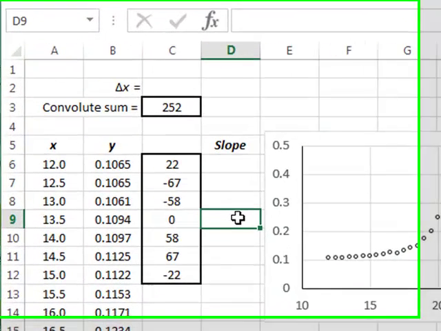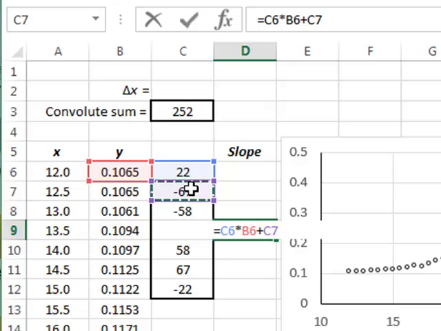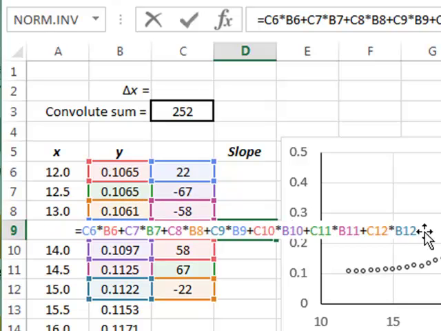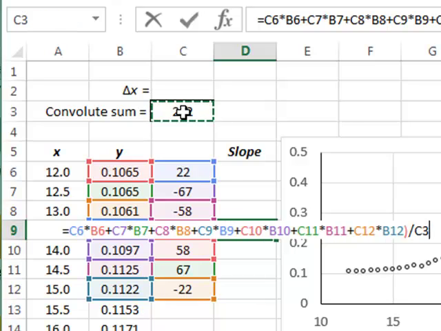The calculation procedure is the same as the smoothing convolute in that we take the first convolute value and we multiply it by the equivalent data value, and then take the second convolute value multiplied by the second data value, and so on. This sum must then be divided by the normalizing convolute sum in C3.